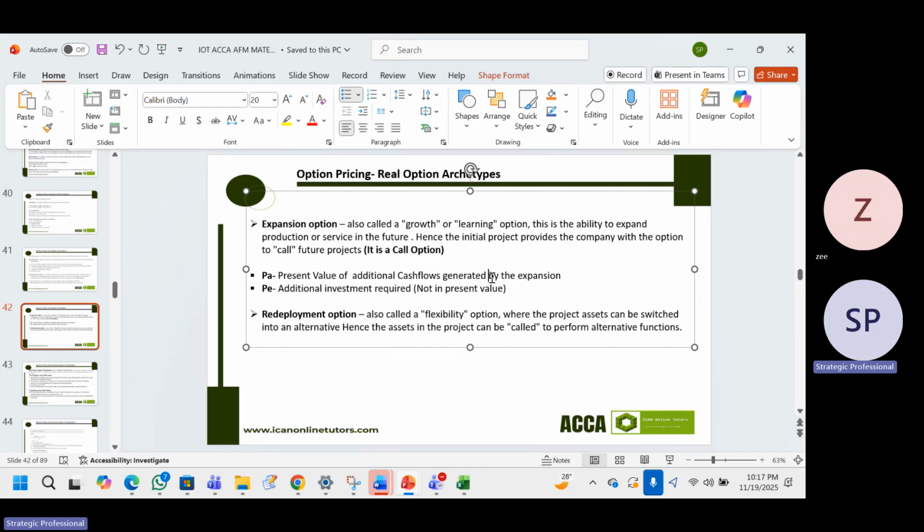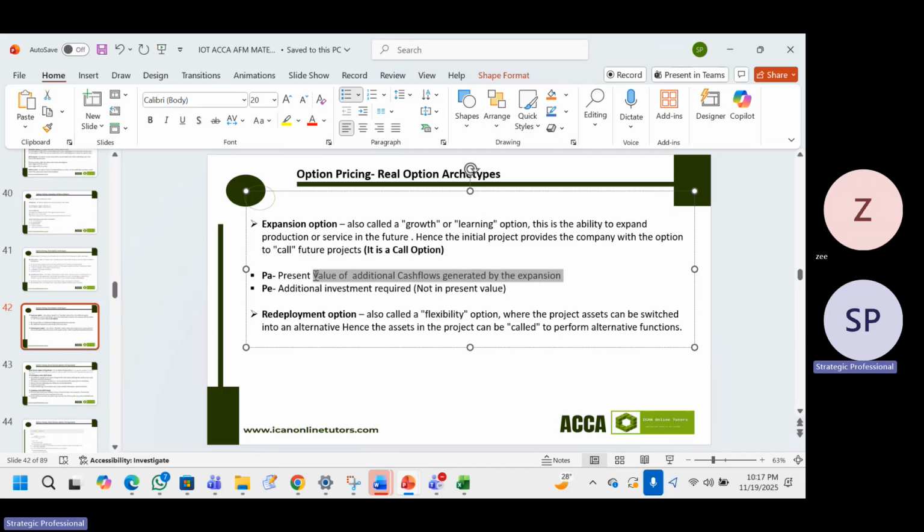You are only going to use the 20 million that was generated from year 3 due to the expansion. So you mean present value of that 20 million? Yes, 20 million year 3, year 4, year 5, their present value discounted. That is what you are going to use. Do you understand now? Okay, I understand.